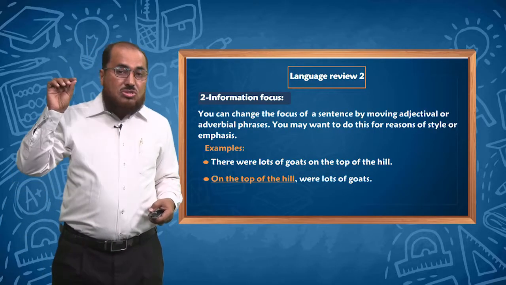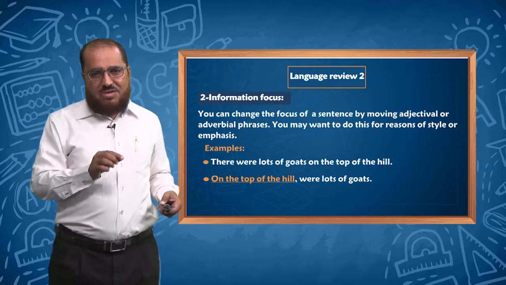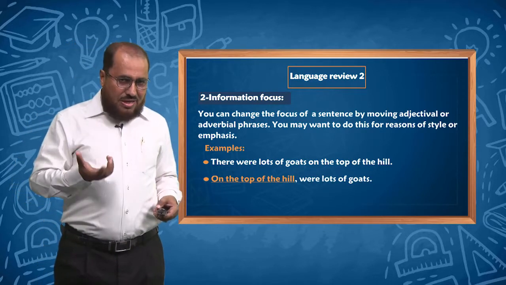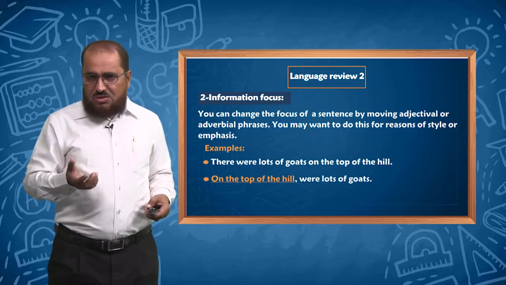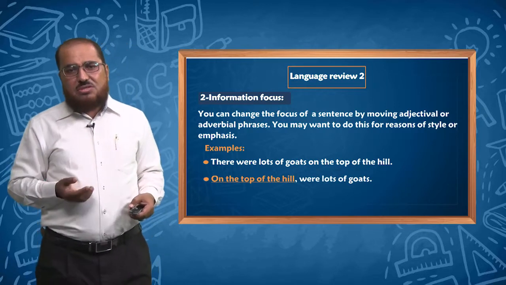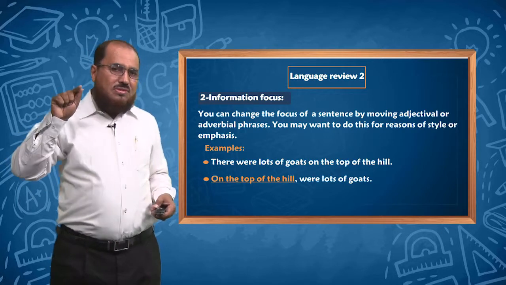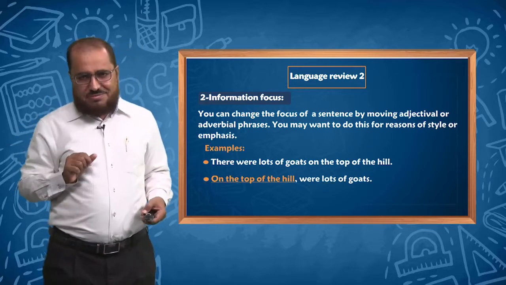So he started with the adverbial phrase. This is also a kind of writing style, or even speaking style, to present what's important for you and to make it important for the reader or the listener.